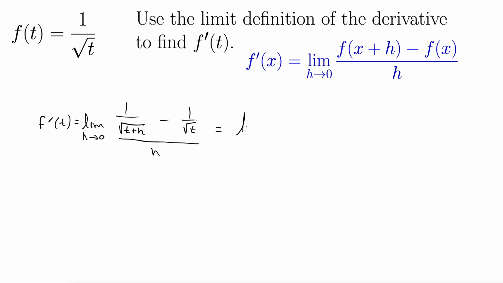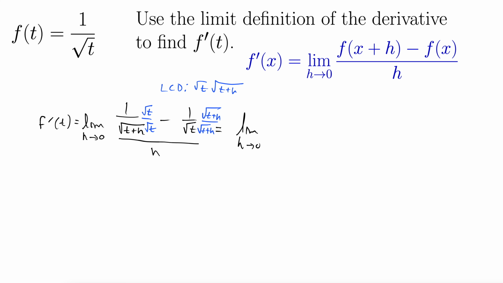Let's get a common denominator here. So the limit as h goes to 0. I'm thinking a common denominator, we'll say LCD of square root of t, square root of t plus h. And you can see that this is going to become complicated quickly. So we hit this with our LCD: we have square root of t over square root of t, and on the right we have square root of t plus h over the square root of t plus h.